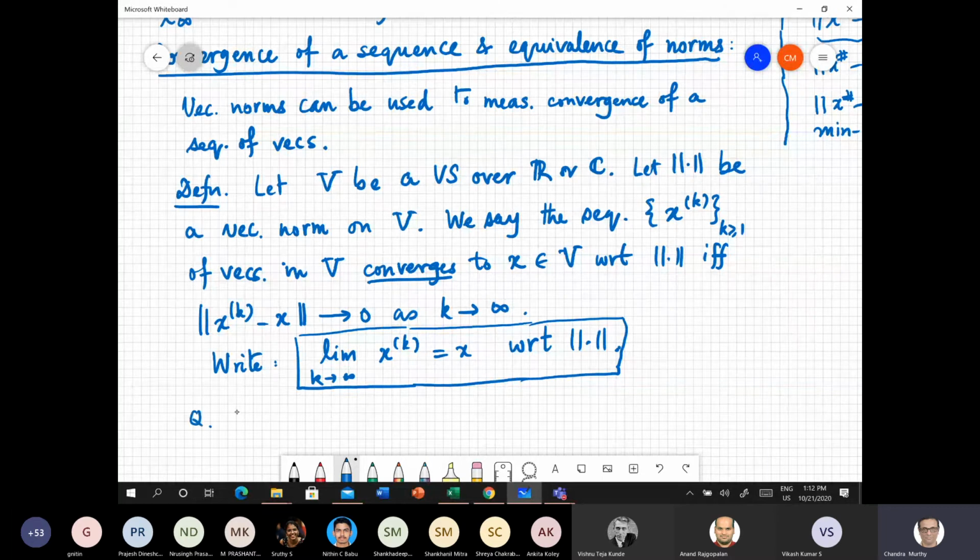So the first question is, can a sequence converge in one norm but not in another?